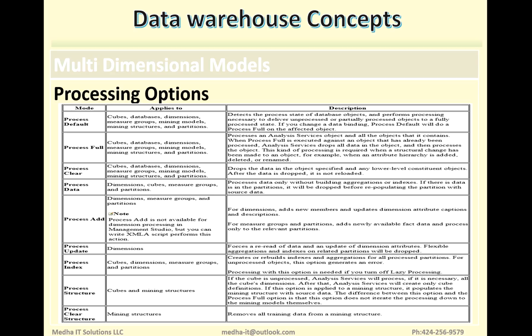So, when you say process default, depending on the previous processing state, Analysis Services determines which way to go. That is why we generally prefer process default. But if you are very familiar with the processing options and how exactly Analysis Services is processing, then you will go to a specific processing option, because you may get better performance.